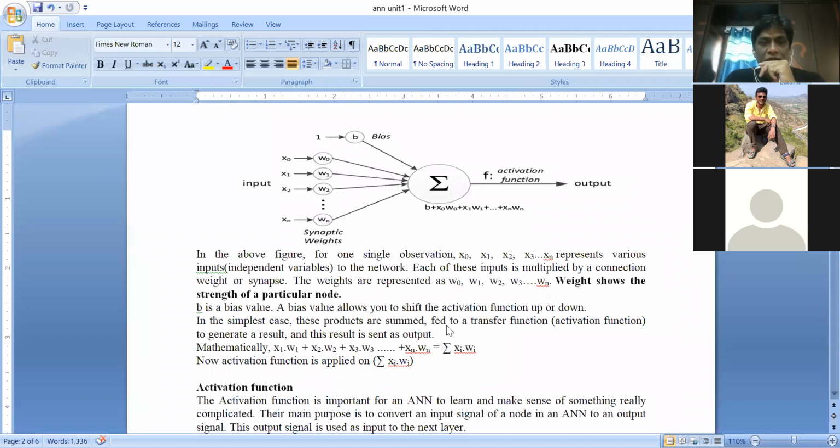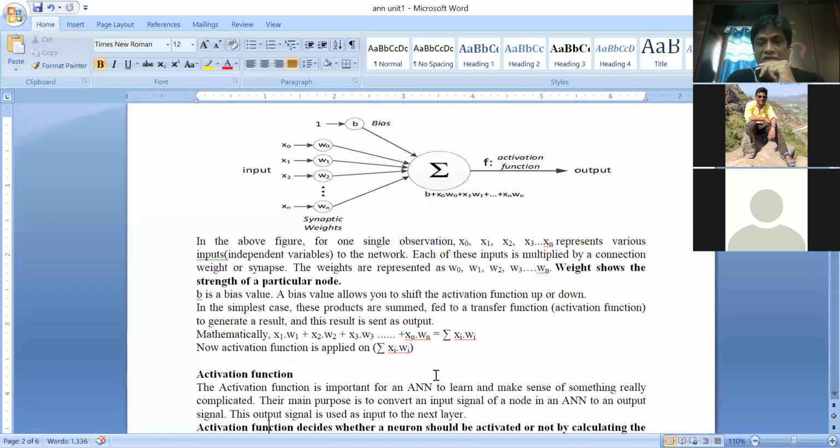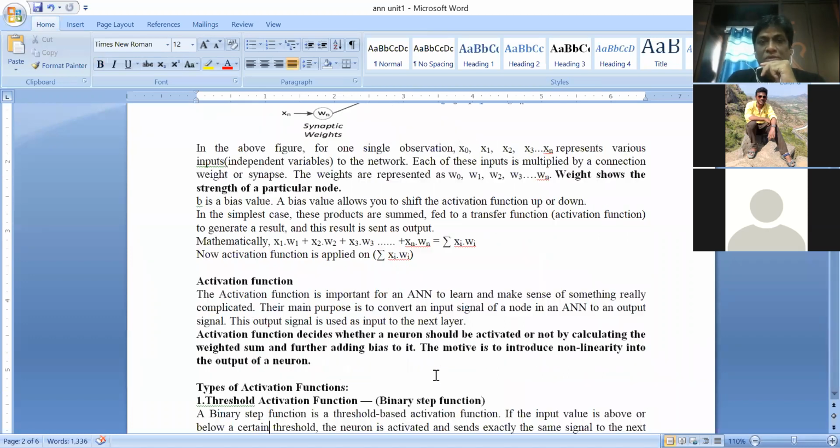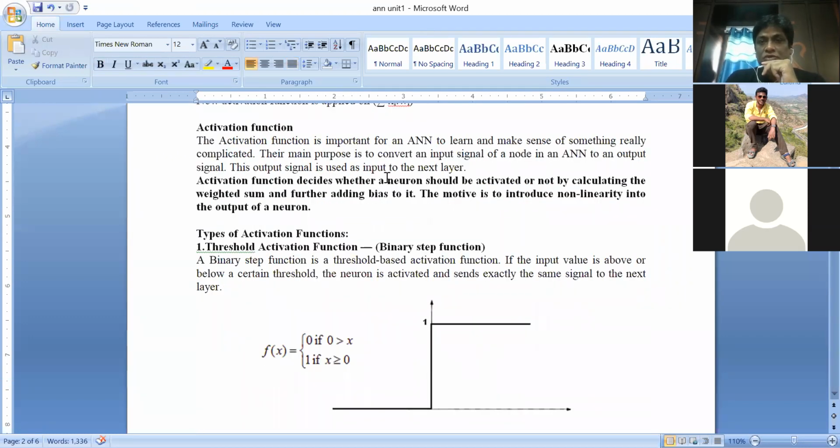Then once this strength of a neuron is calculated, xi into wi, it will be forwarded to an activation function to produce the actual output of the neuron. The purpose of these activation functions is to convert the output produced by a neuron to fall into a specific domain of values, a specific range of values, right?